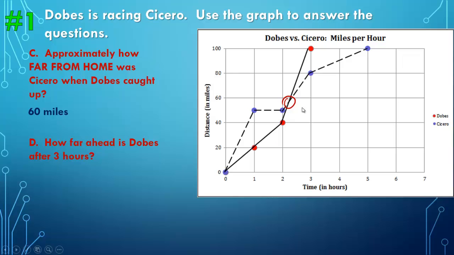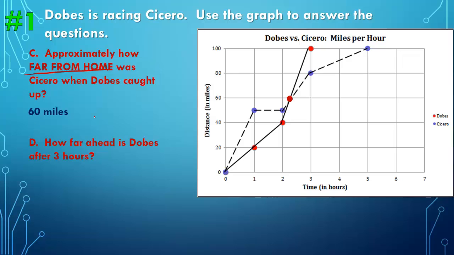So we're going to round up. We're just going to say right about here. So at about 60 miles is how far they had gotten when Dobbs caught up. Again, be careful. They're not asking for how much time had passed. They're asking for how far from home. So pay attention to what they're asking in the question.